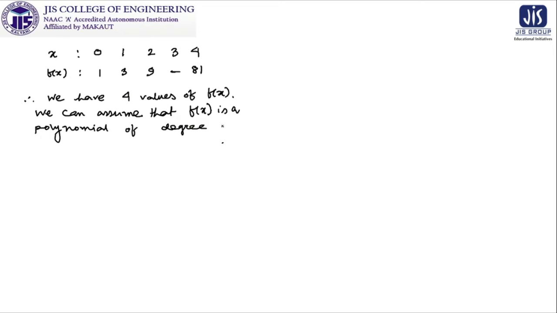Obviously it is going to be a polynomial of degree 3, because we know that if we have n plus 1 data, then the maximum degree of the polynomial generated using those is degree n, here 3.